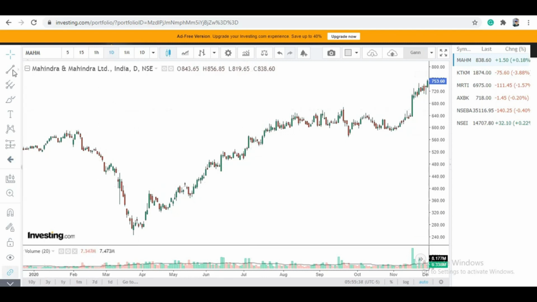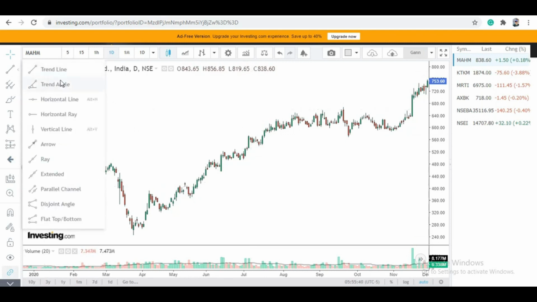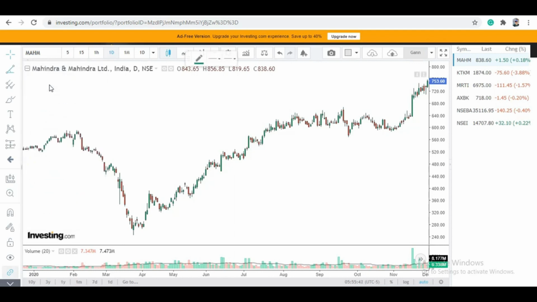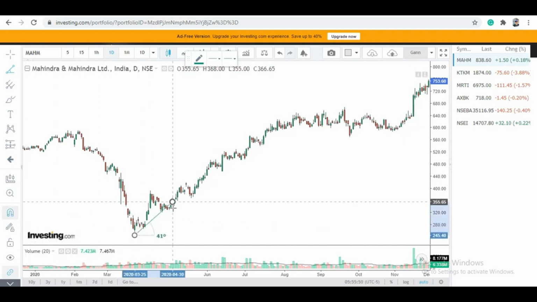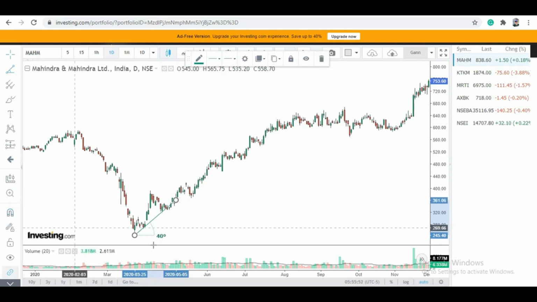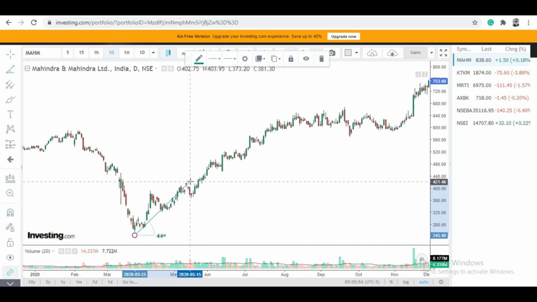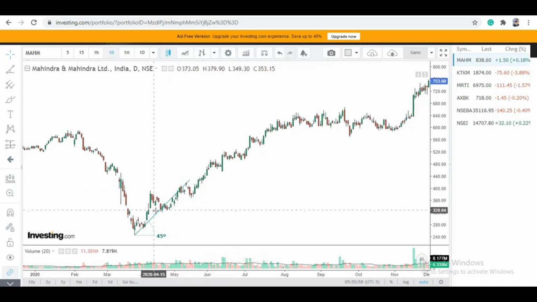So here you can go over here, you will see trend angle, right? You click on that, look for this low, right? To be accurate, you can use the magnet, look for the low, plot it, then unclick and look for 45, right? So now we make this 45.